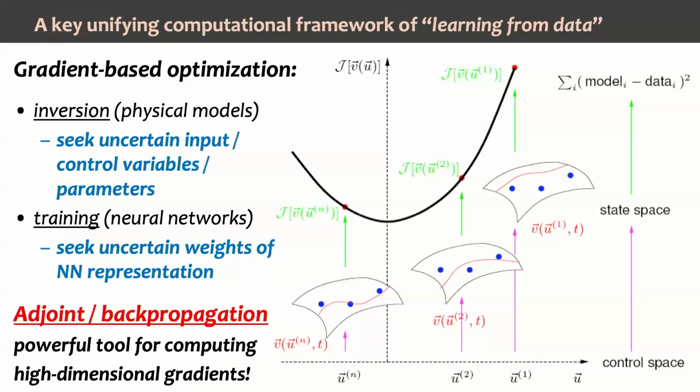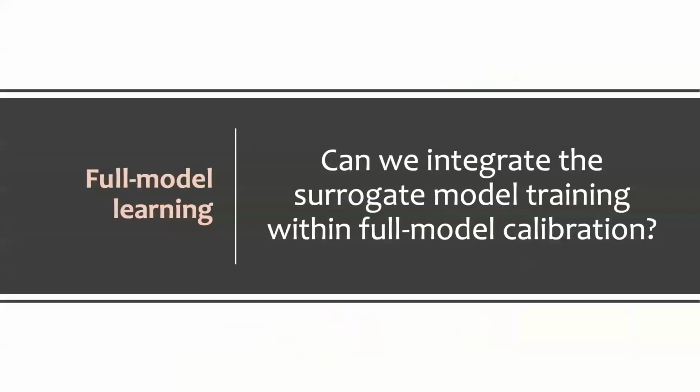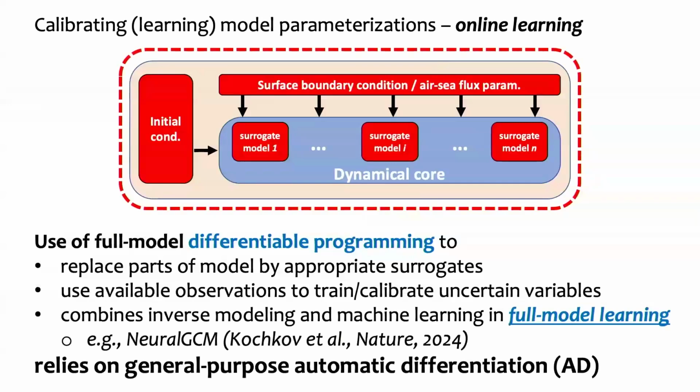Which is basically also just an adjoint model, depending on how you name it, because you compute the sensitivity of your loss function with respect to your weights using automatic differentiation. And the question is, can we combine these two approaches in order to do this full model learning? This is the idea of what's become fashionable to call differentiable programming.